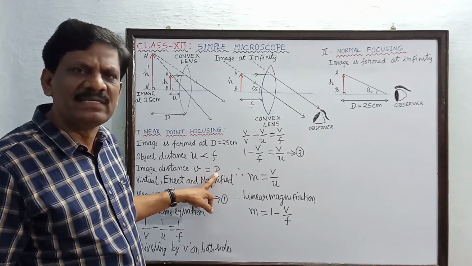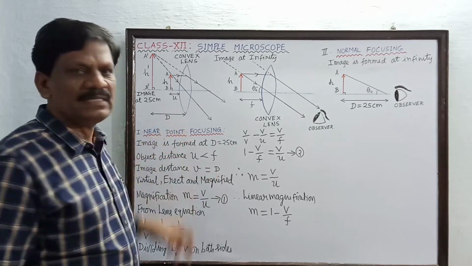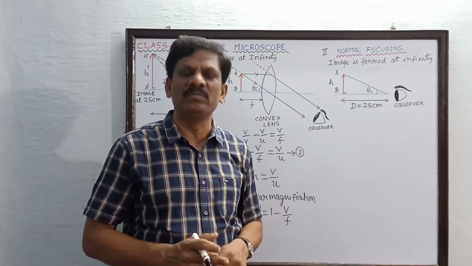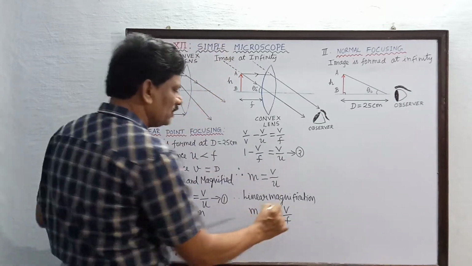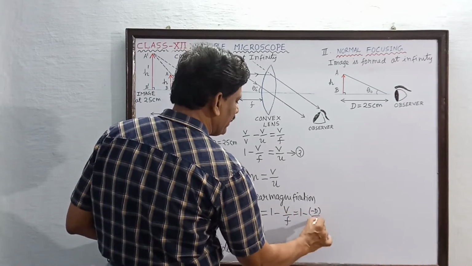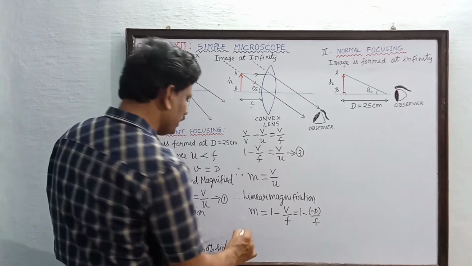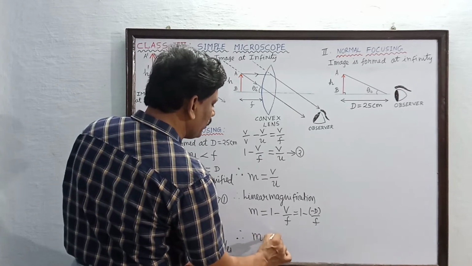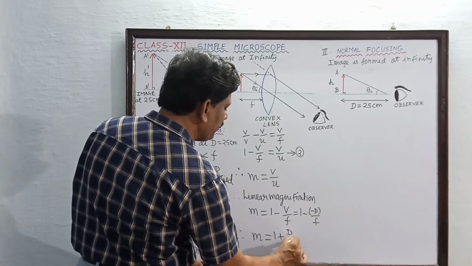But since the image is formed on the same side of the object, by sign convention it should be negative. So this is also equal to 1 minus of minus D divided by f. Therefore, the linear magnification m is equal to 1 plus D by f.